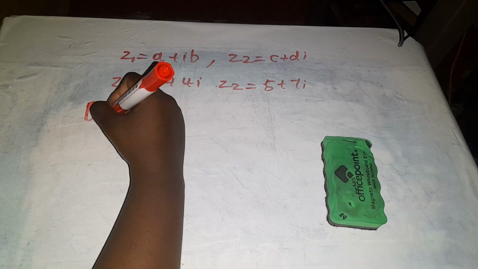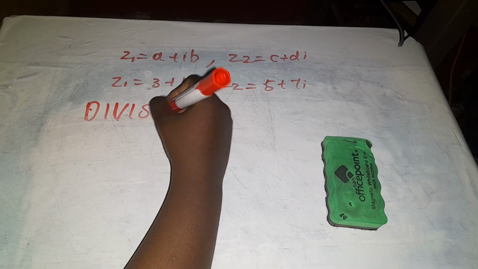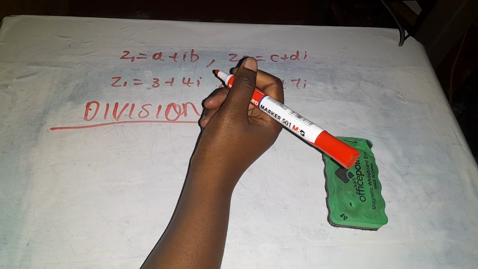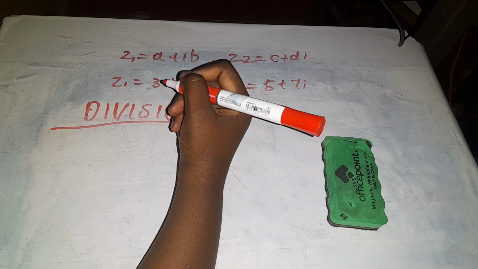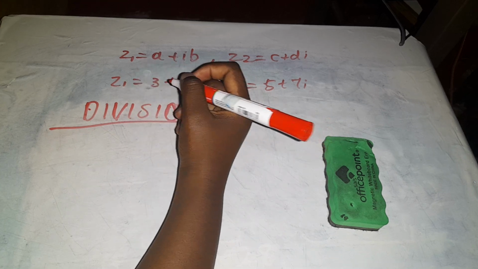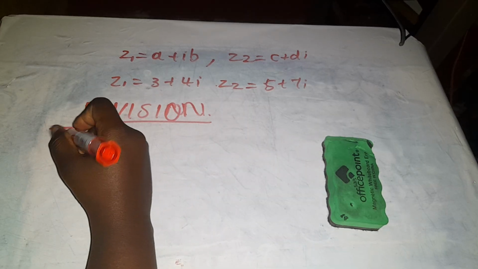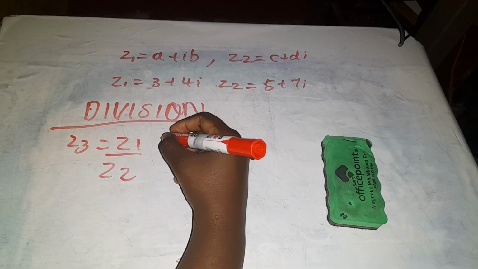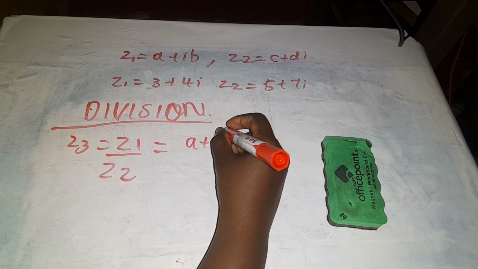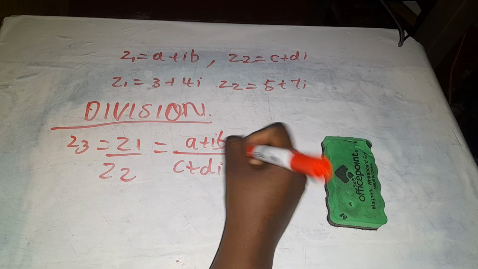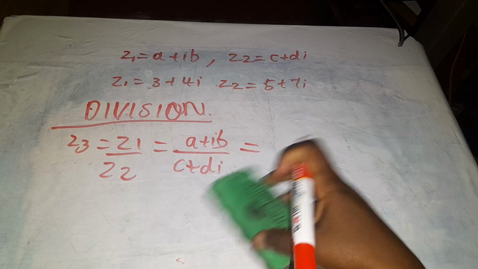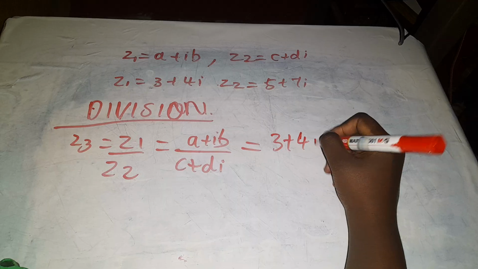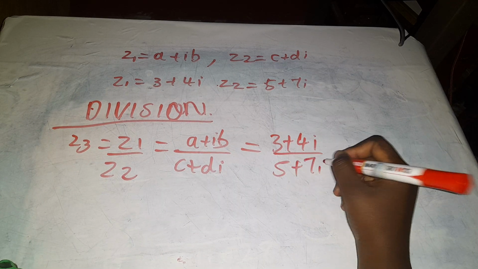And then finally we have division of complex numbers. Whatever will happen here is basically you're going to multiply with the conjugate. What I mean is Z3 in this case is equal to Z1 over Z2. So this is a plus ib over c plus di, which is equal to 3 plus 4i over 5 plus 7i.